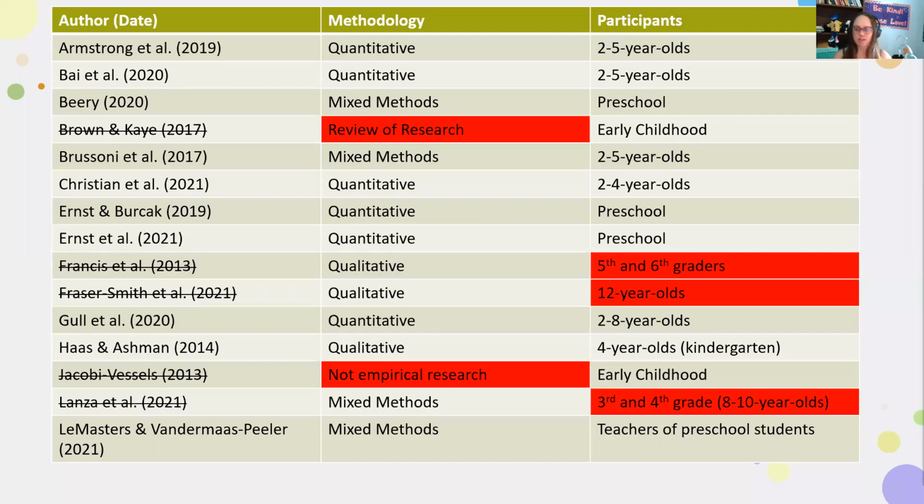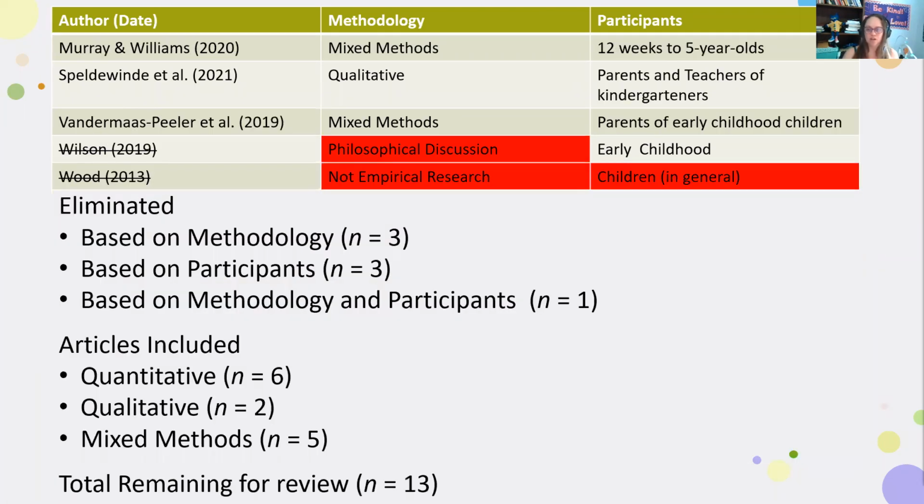So from the 20 articles, I then eliminated those where the methodology or the participants did not meet the criteria. So these were the ones that were eliminated. 3 of them were eliminated based on the methodology not being empirical. 3 were eliminated based on the participants not being the correct age.